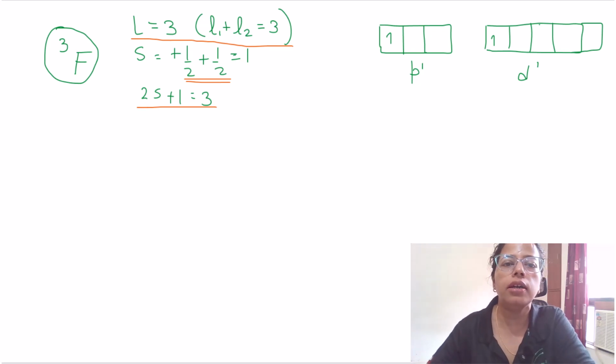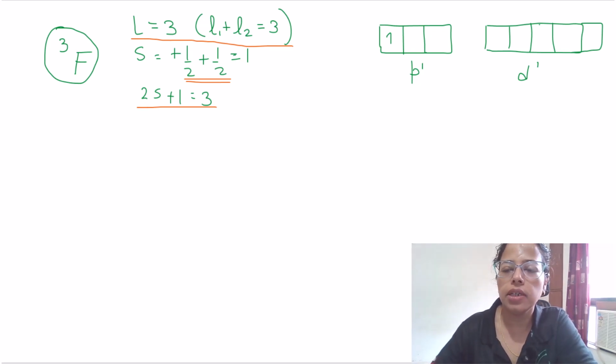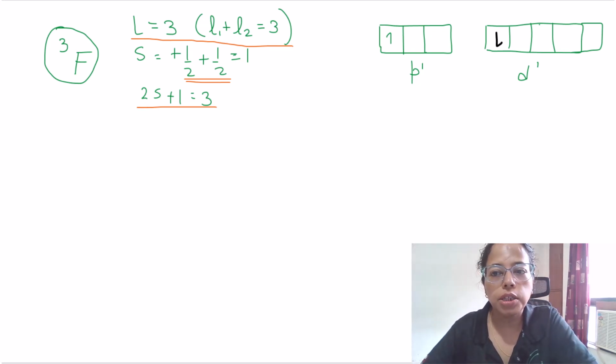So in the first case for 3F, we have taken both the spins as plus half. And there is also a possibility that one of the spins could be minus half. So the electron has that freedom, it can orient like this also, that is, the spin can be anti-parallel or in the spin down position also.